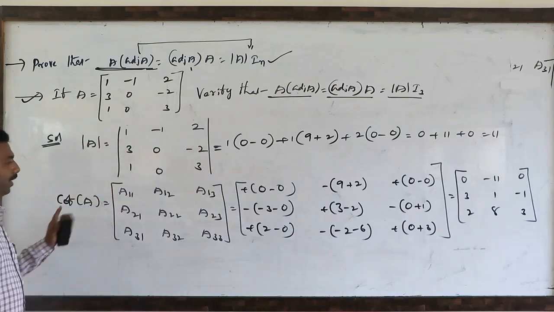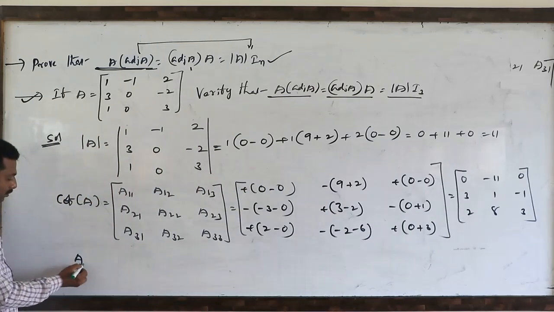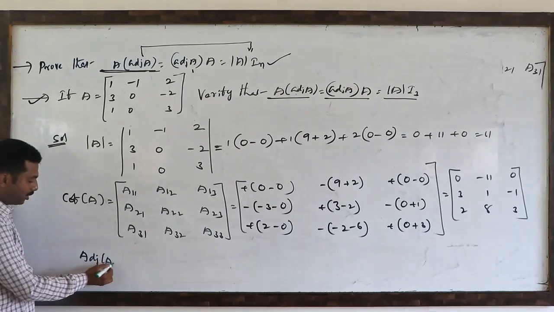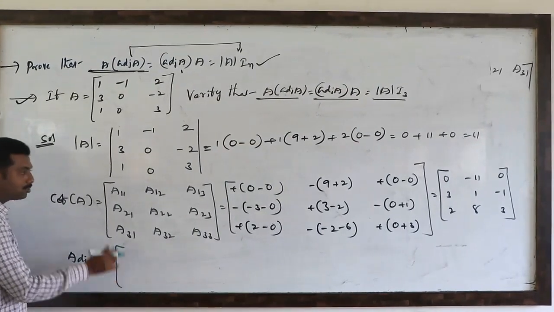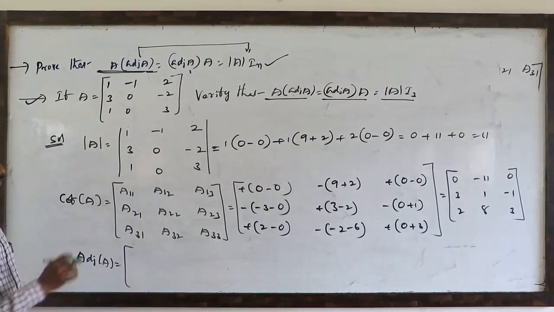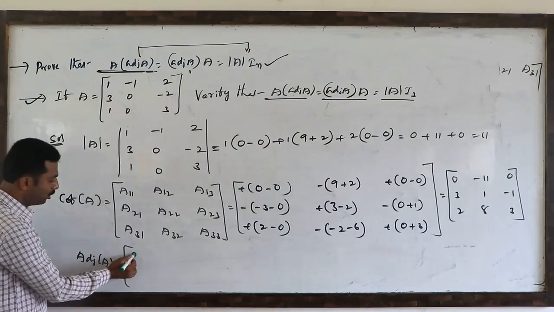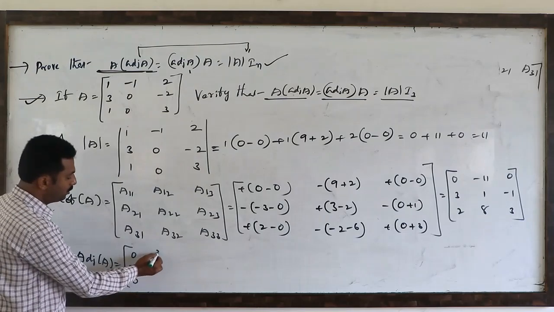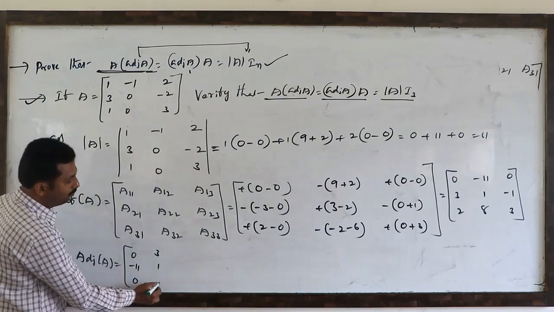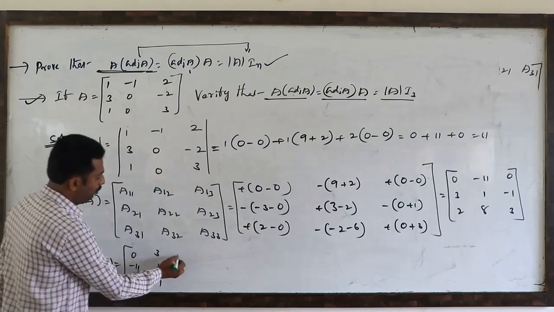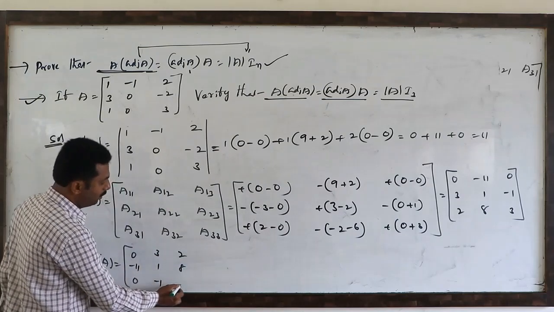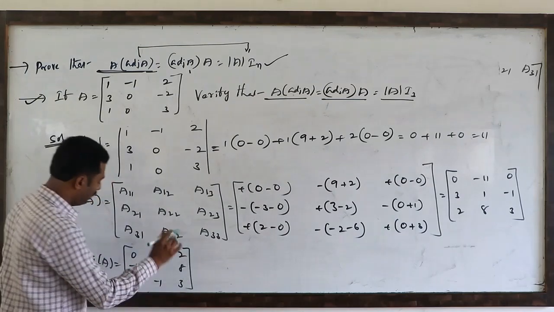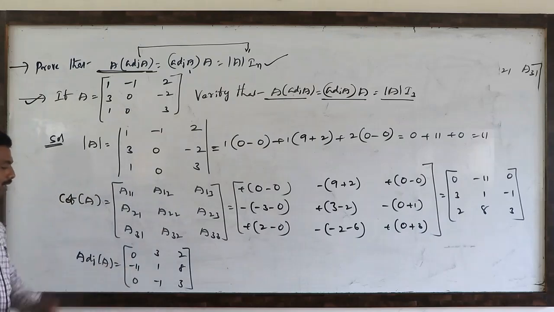So this is cofactors of A. Then what is the adjoint of A? Nothing but transpose of the cofactor matrix. Transpose. See there: 0, minus 11, 0; this is 3, 1, minus 1; 2, 8, this is 3. So adjoint of A we got.